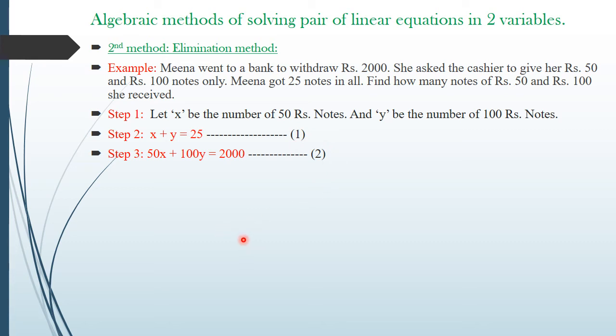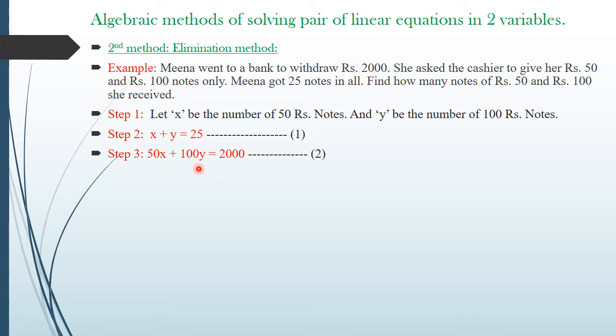Now remember one thing, in order to solve problems using the elimination method, the coefficient of any one variable in both the equations should be equal. But here we can see the coefficient of x is 1 in the first equation and the coefficient of y is also 1 in the first equation. But in the second equation, the coefficient of x is 50 and the coefficient of y is 100. None of those coefficients are matching.